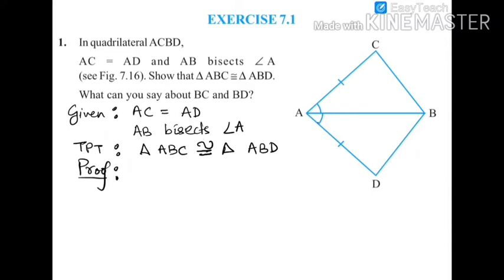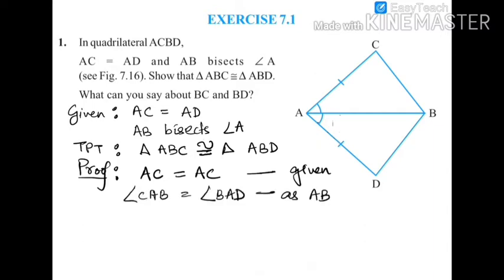So using the information that is given in the question, AC equal to AD, reason it is given, and we can say that angle CAB is equal to angle BAD, as AB bisects angle CAD. Now notice that AB is the side of triangle ACB and also of triangle ADB. So AB is a common side and it will be equal.